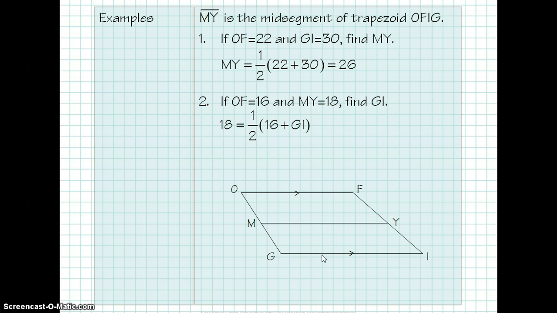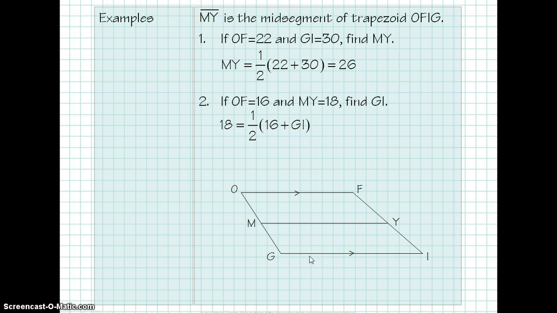Now, you can do this the algebraic way, and I've got it set up that way. Here's what I find to be a little bit easier. The gap, or the difference between OF and MY, 18 minus 16, is 2. But MY is halfway between these two, which means it's also 2 less than GI.